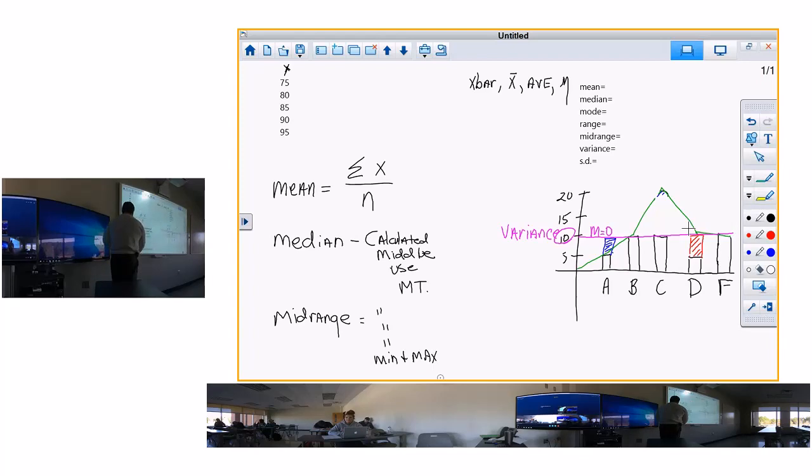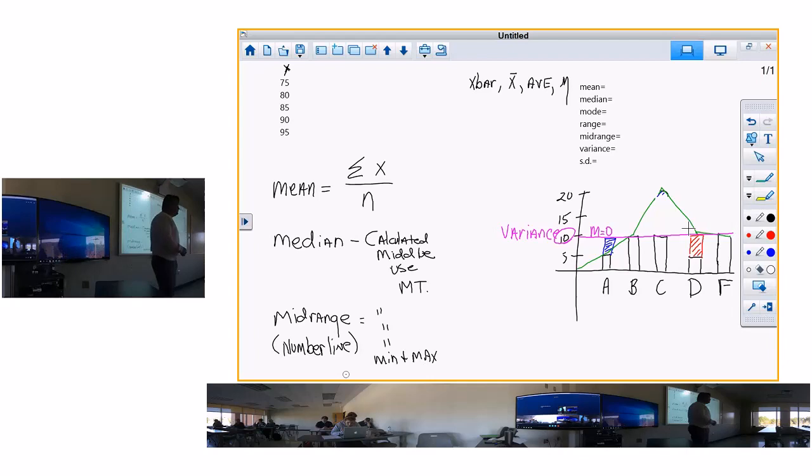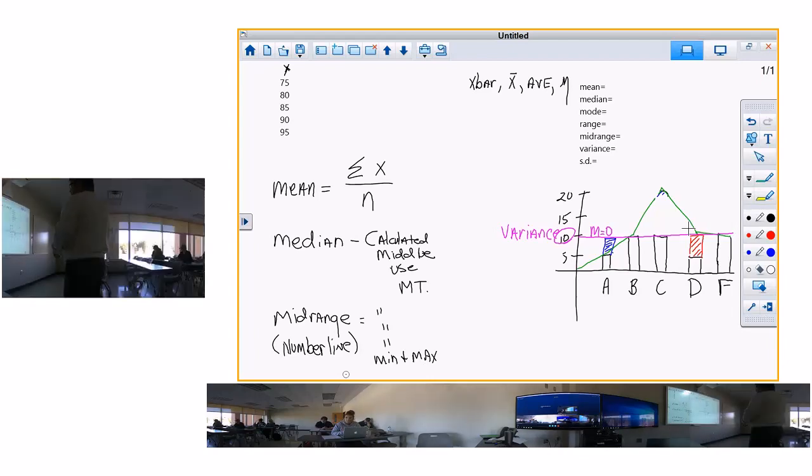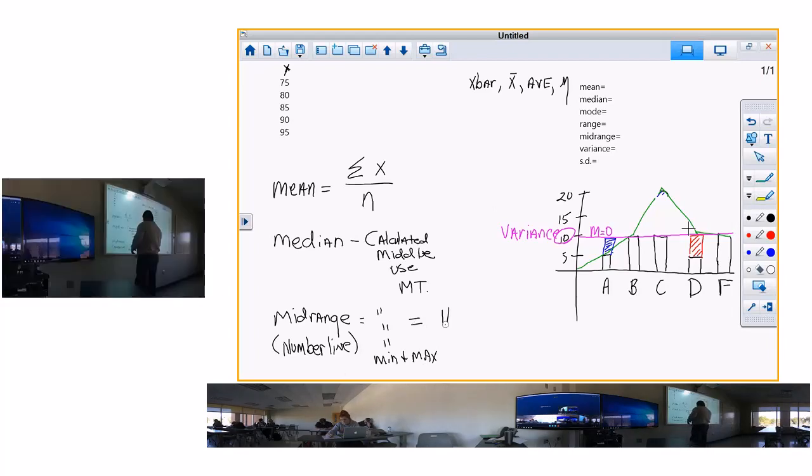I tell students this is the closest thing in statistics to a number line. Okay? So while you're at it, let me go ahead and give you the formula for that. The mid-range is equal to the highest plus the lowest divided by 2.